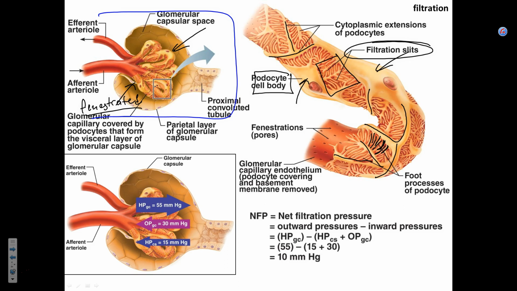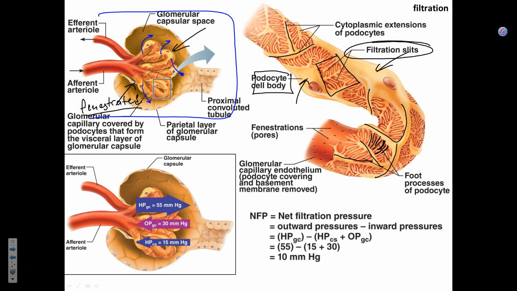Blood pressure pushes water and ions and organic molecules out of the capillary. But in order to leave the capillary and enter into the glomerular capsule, these chemicals have to go in between the foot processes, through the filtration slits. Do you understand what I'm talking about?